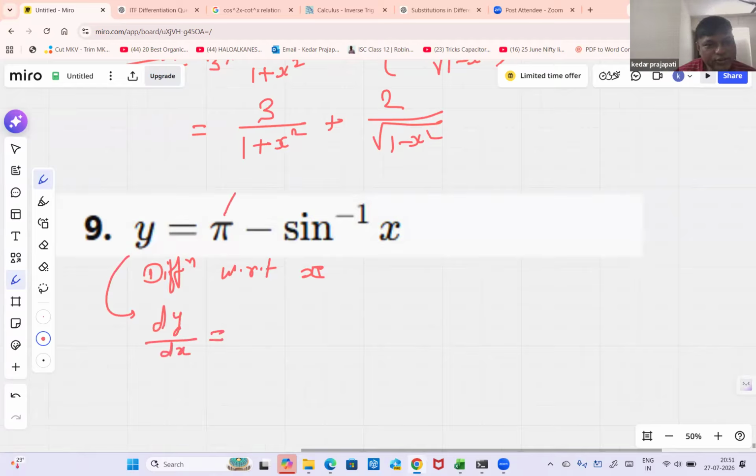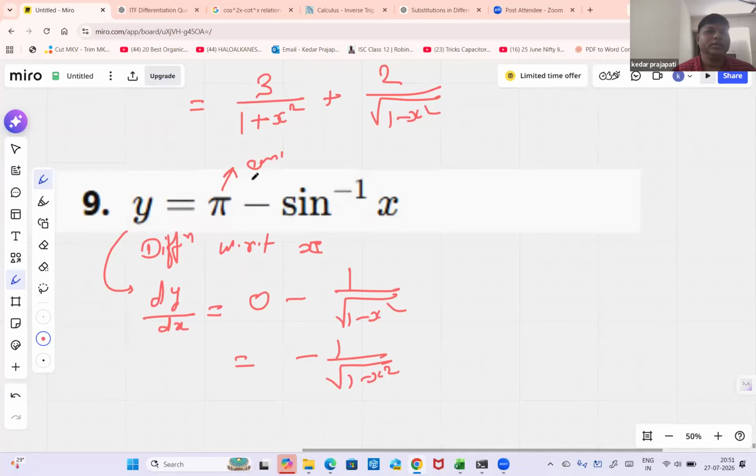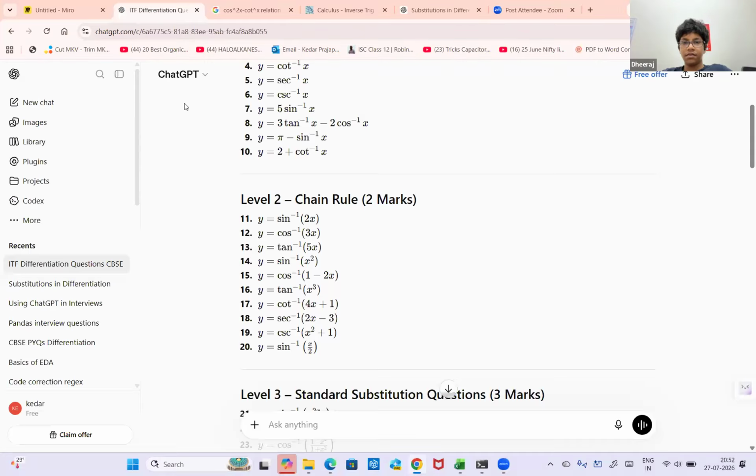This pi is constant, so this will become 0 minus sine inverse x is 1 by root over 1 minus x. So answer is minus 1 by root over 1 minus x square. Clear? Yes, sir.